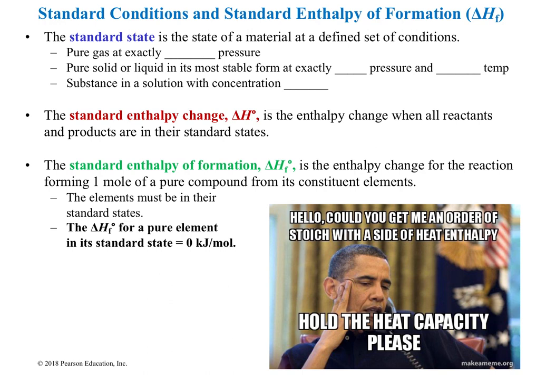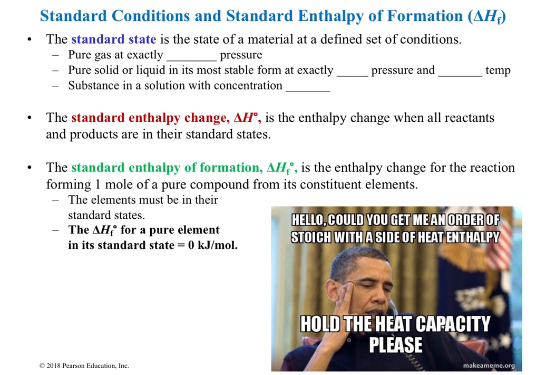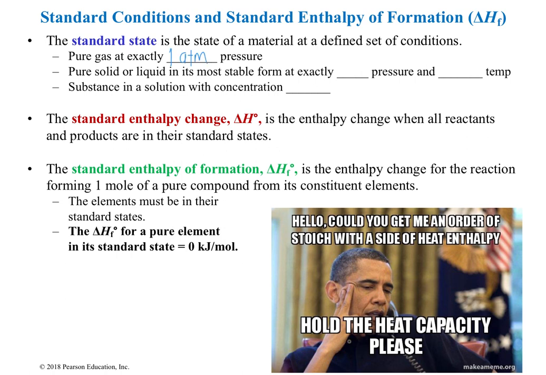The next way that we're going to find the enthalpy or approximate it is from the standard enthalpy of formation. How this is defined is by a certain set of conditions. A standard state being 1 atmosphere of pressure. When we have a pure solid or liquid, it's always in its stable form at 1 atmosphere and at 25 degrees Celsius.